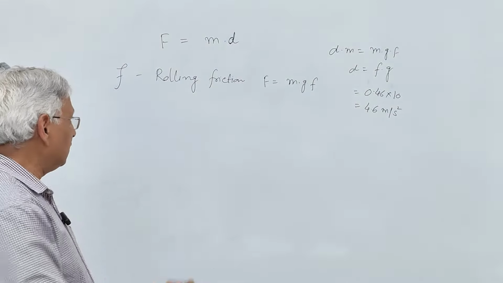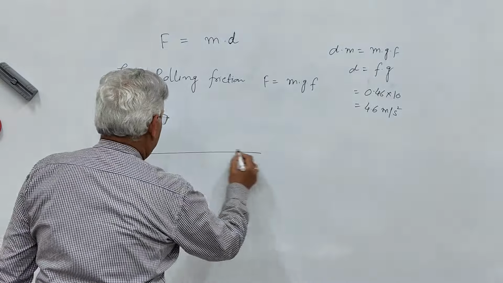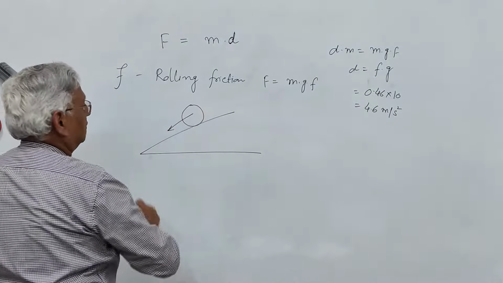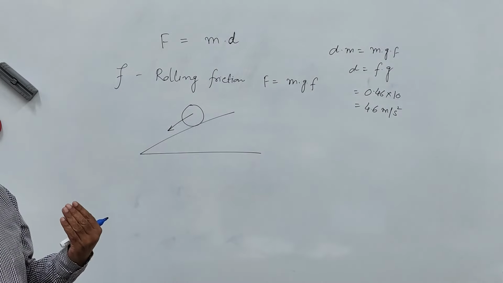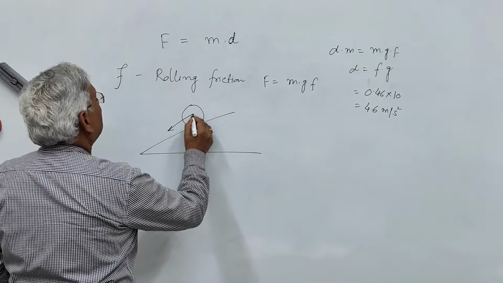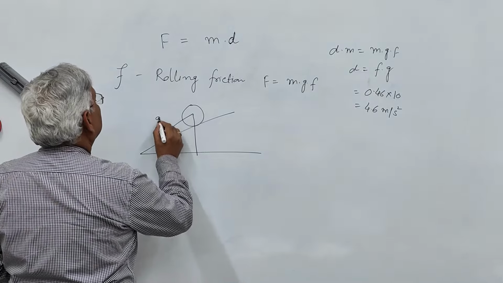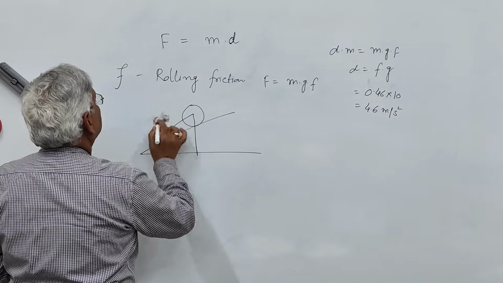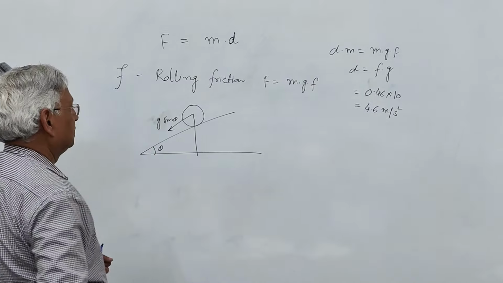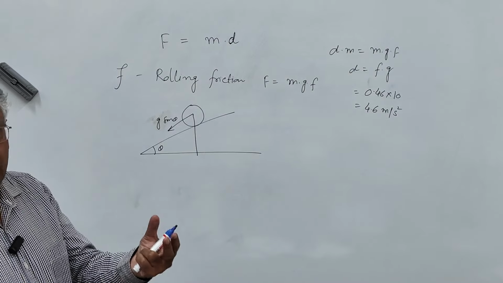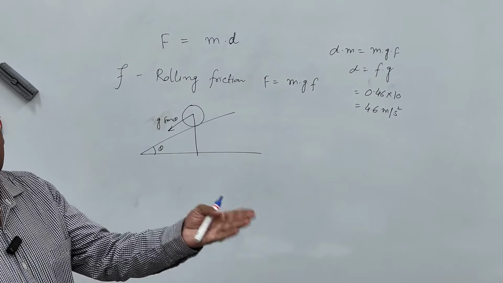If there is a gradient also, then in that case there will be additional backward deceleration, and this will be equal to g sine theta. This is theta angle. g sine theta is equal to g tan theta, because theta is small and tan theta is equal to gradient.